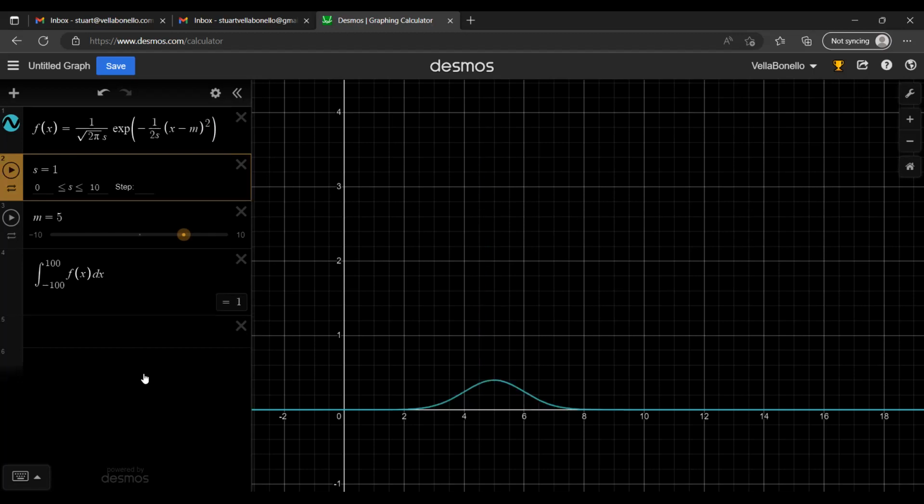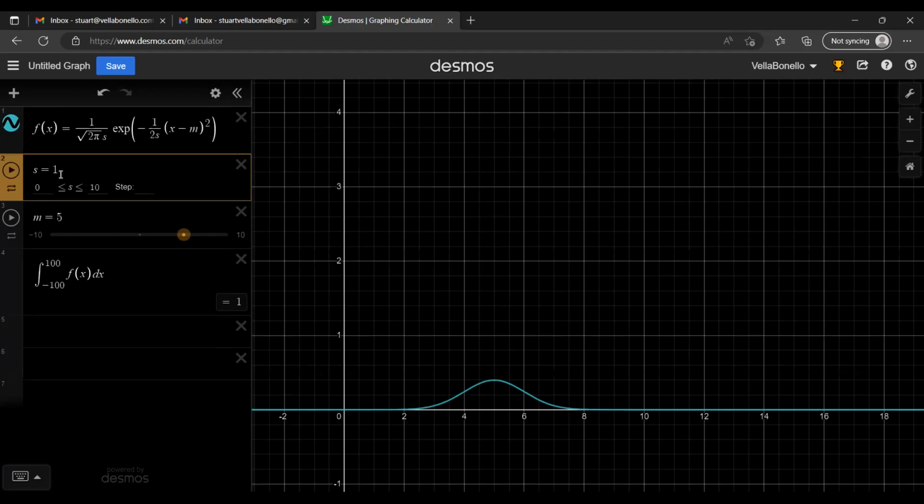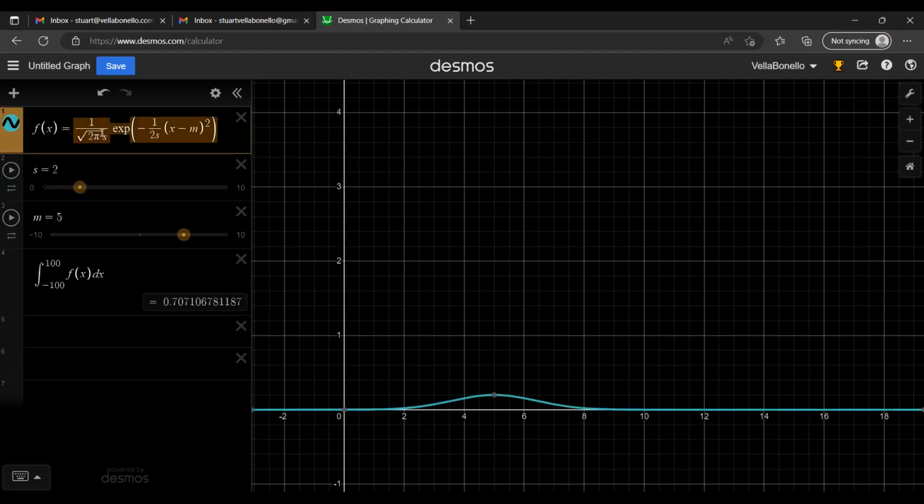What if I... Now that's fine. So maybe it doesn't like it when we take a standard deviation less than 1 for whatever reason. Now that's actually quite worrying. I might have something wrong over here.